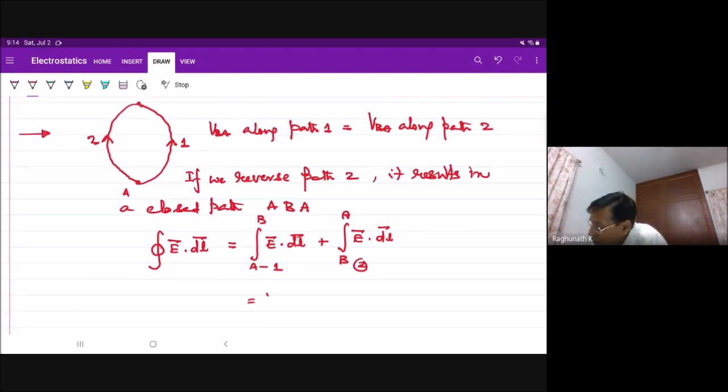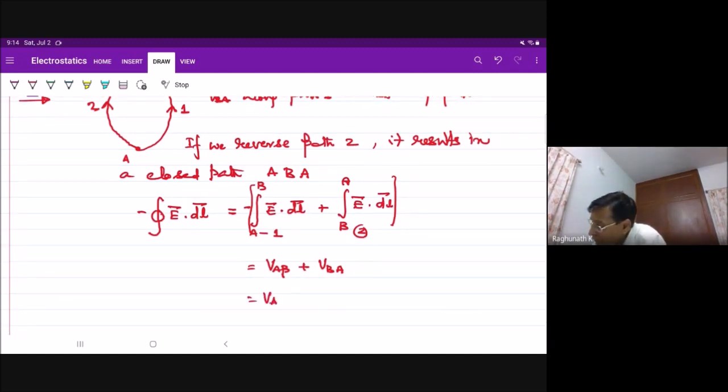This is equal to VAB if I put minus everywhere. Now, VAB, again minus will give what? Plus VBA, which is equal to VA because the path is reversed.